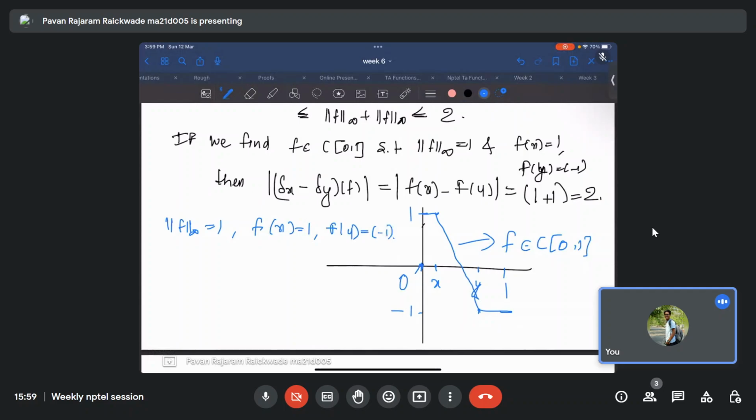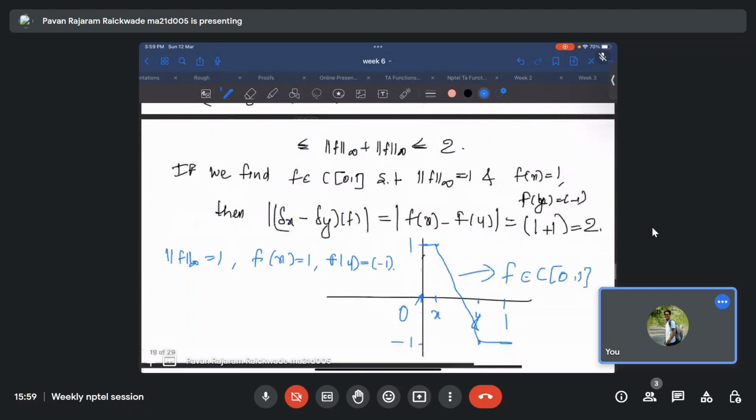I can define this for any x and y; there is no condition on x and y. That means this norm is 1, this norm is 2.